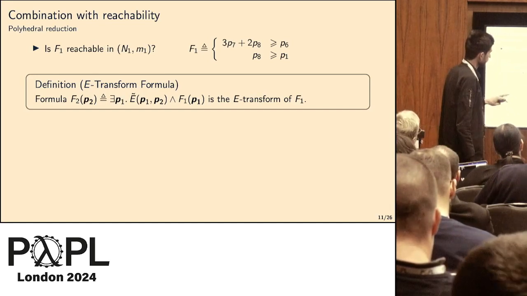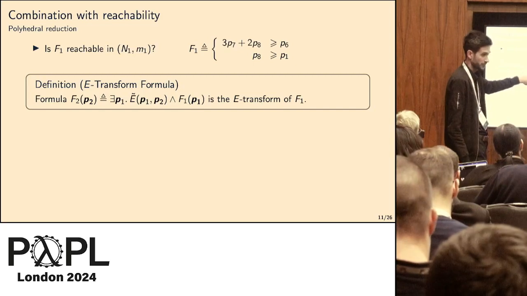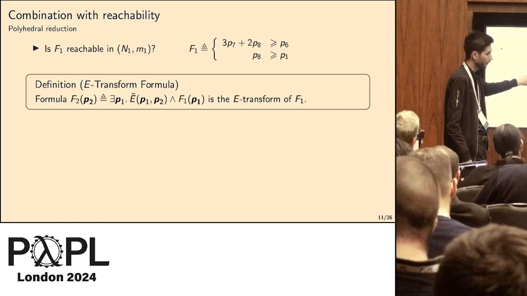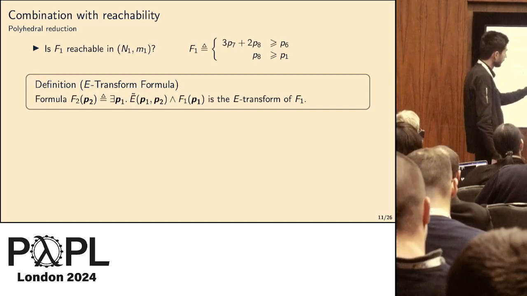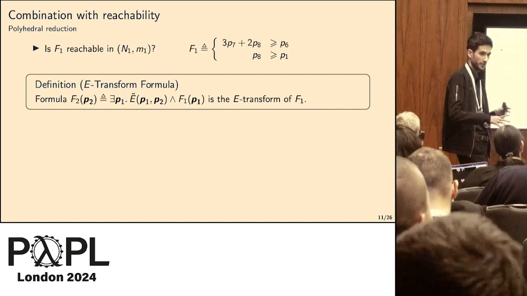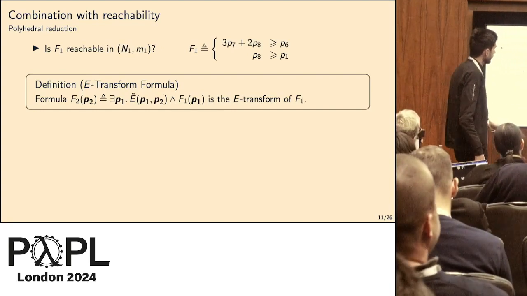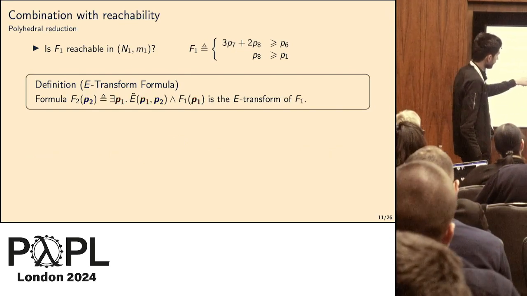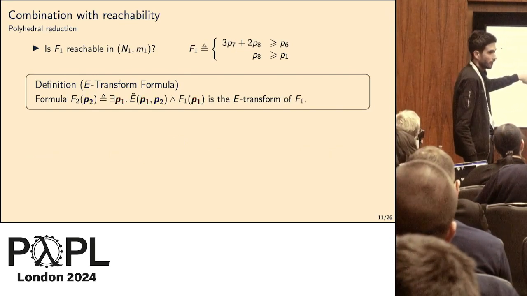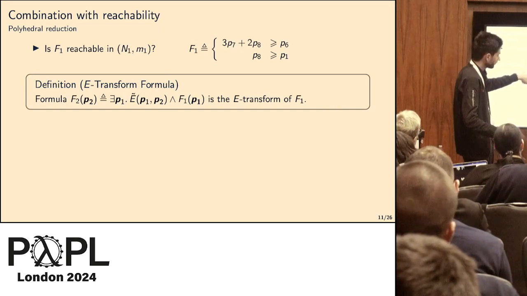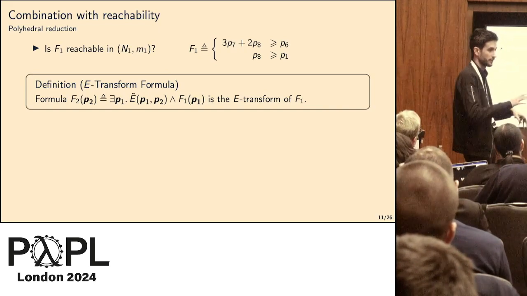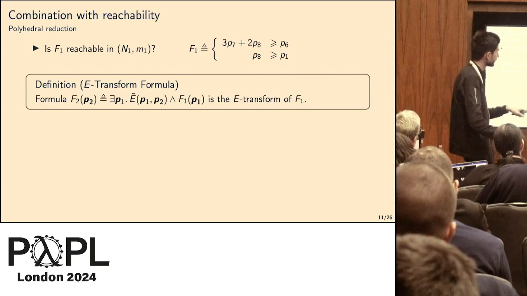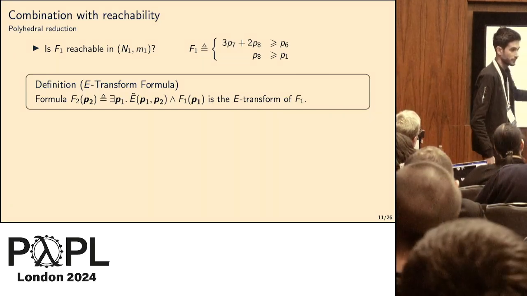We have some variables that represent the places of the initial net, say P1, and some vector variables that represent the places of the reduced net, say P2. We have an existential quantification on the variables of the initial net. We assert our predicates that permit to link both state spaces, and we assert our predicate of interest.